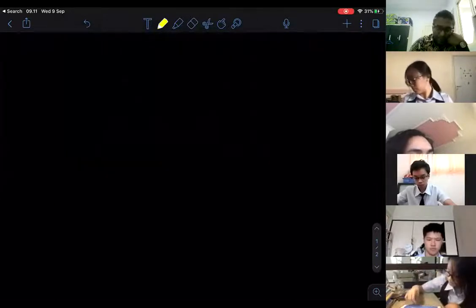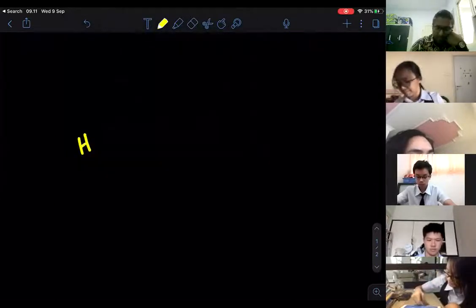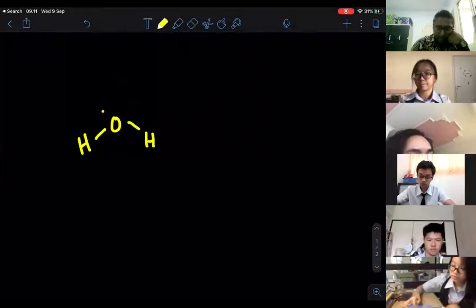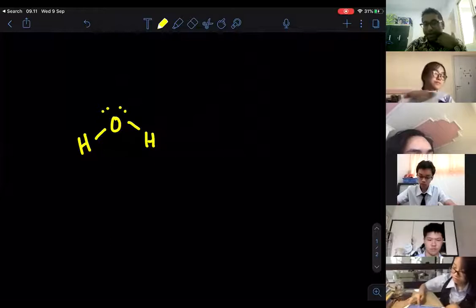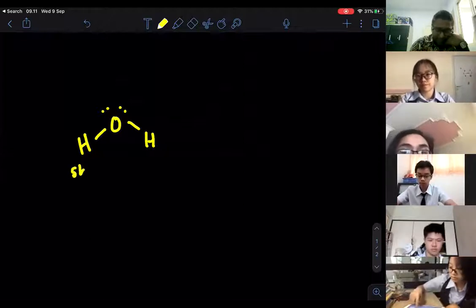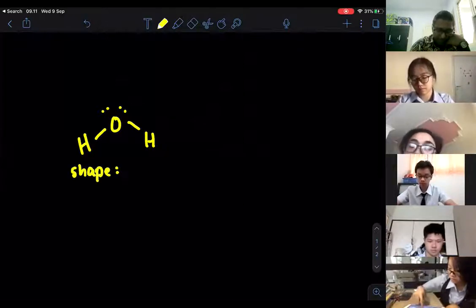If you have water molecules, this is going to be H, O, H, and then we know that they have 2 lone pairs. So let's see whether you guys remember this. Josh, tell me what is the shape of water? It's bent.